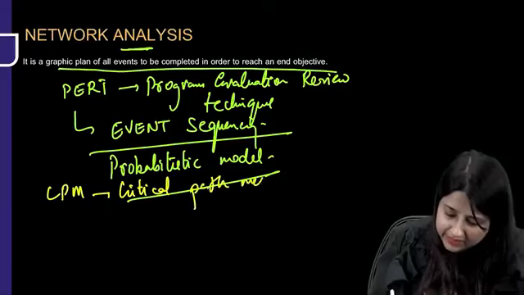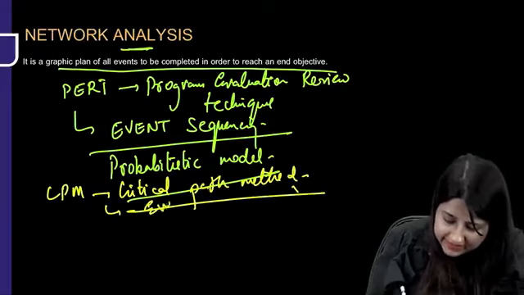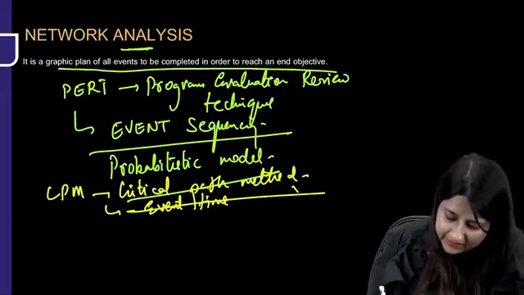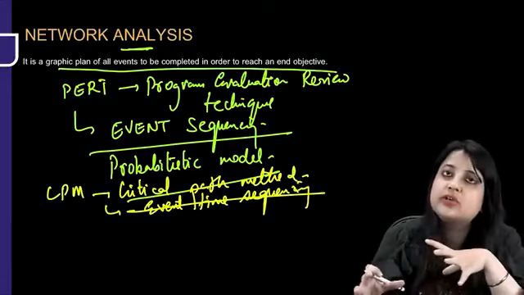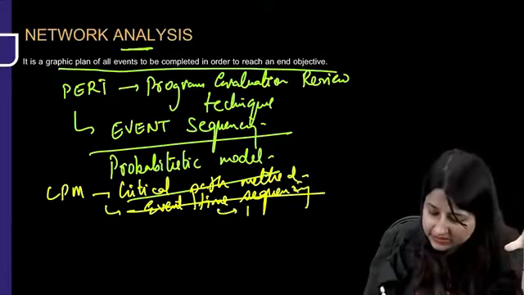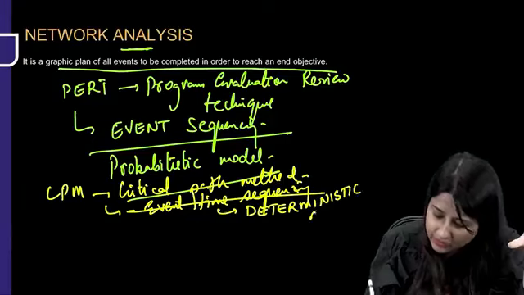Critical path method, meaning CPM, is actually event time sequencing, like each of the activities or events is going to take how much time. So this is a deterministic model, okay.